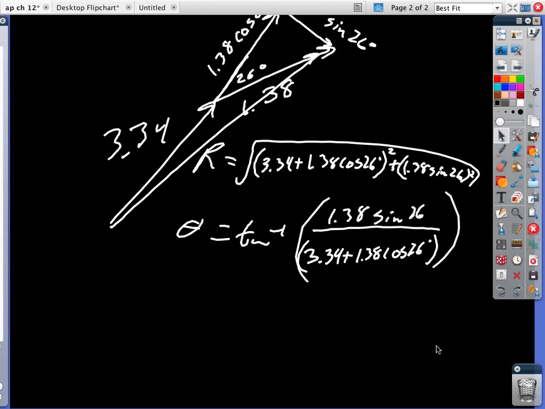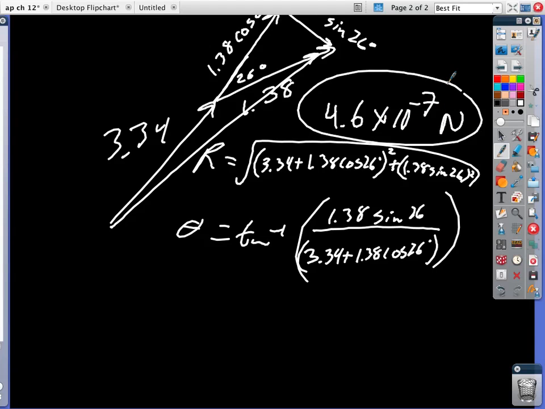Okay, so what do you get for these two things? What does r come out to be? I got 4.56. 4.6 times 10 to the minus 7. Did you get that? First, make sure you get that value. Did you not have the first period?